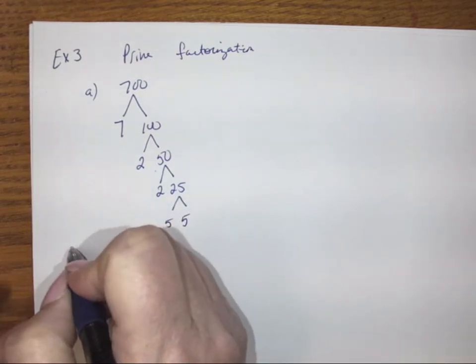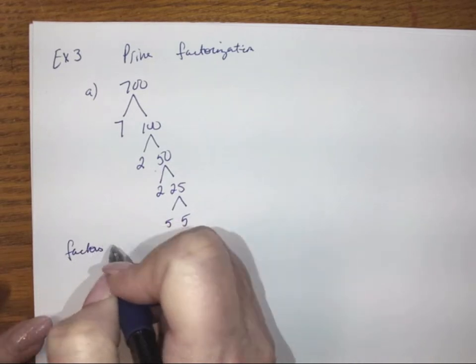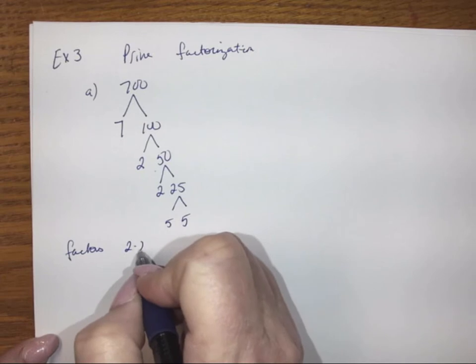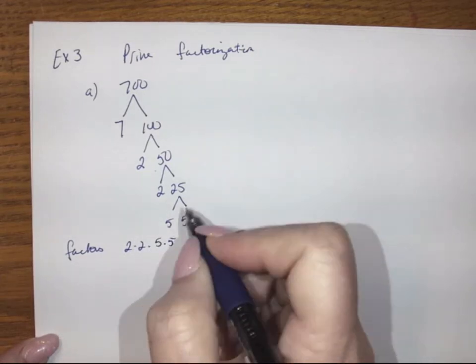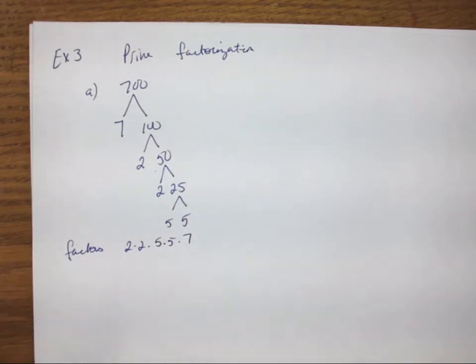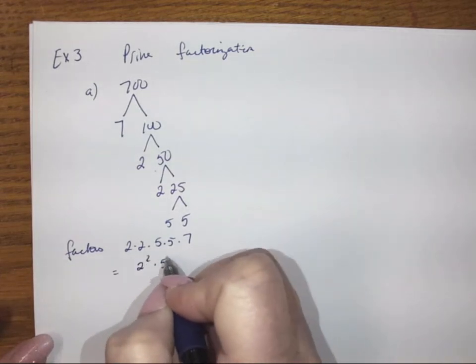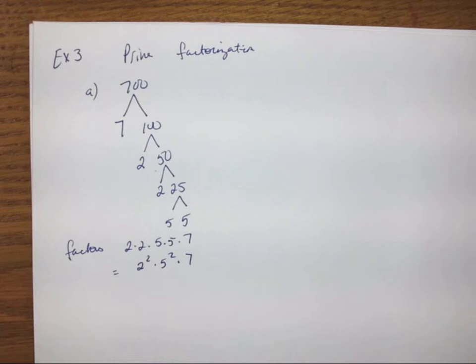So now for our factors, we've got 2, 2, 5, 5, and 7. So now we have 2 squared times 5 squared times 7. And no matter what way you divided those out, you would get there.